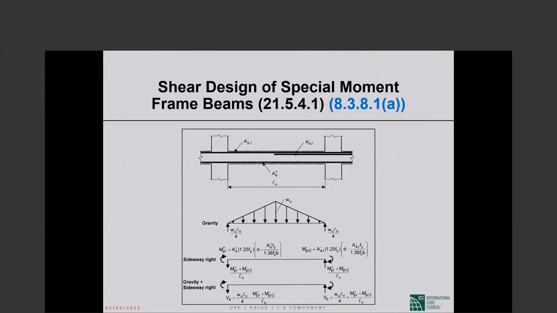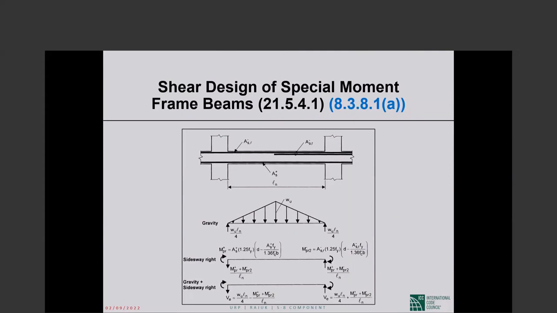Okay, shear design of special moment frame beams, extremely important. So, beams of special moment frames are not designed for the shear that our analysis of the structure under code prescribed seismic forces tell us develops in the beam.